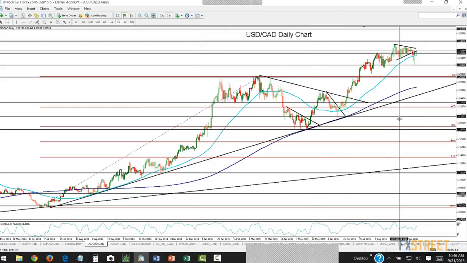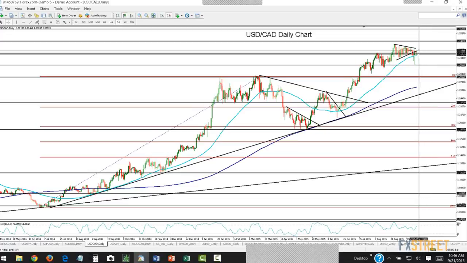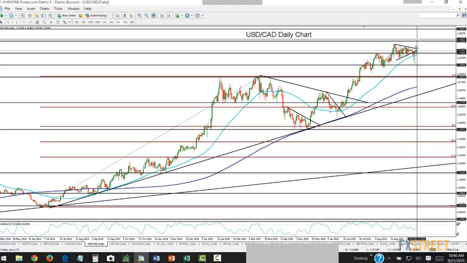That's basically what I'm seeing in oil, and therefore that should keep the Canadian dollar somewhat pressured. Combine that with the U.S. dollar being supported, and you see a possible further move for dollar Canada to the upside.